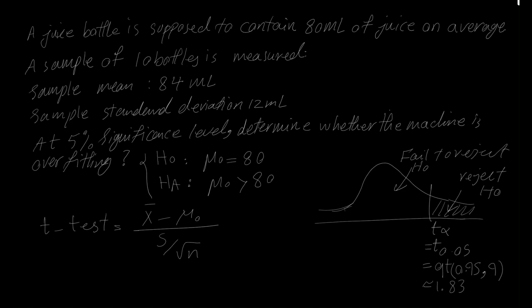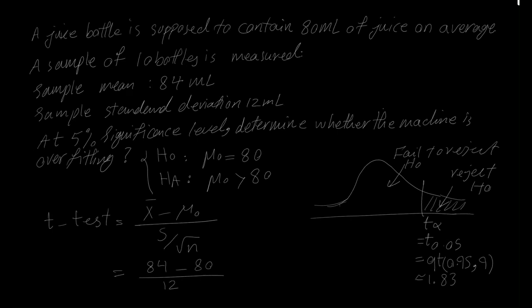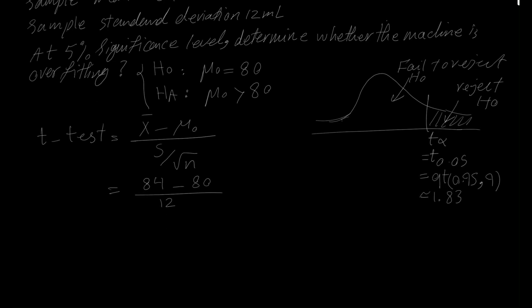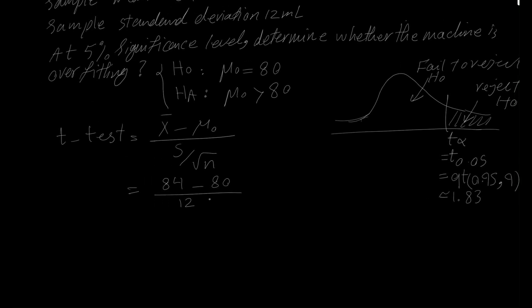Now, if I compute the test statistic and I see that it is greater than T of alpha, it means it is in the rejection area. And if it's less than T of alpha, then we fail to reject the null hypothesis. So let's see. X bar is 84 and mu 0 is 80. S is 12 and n is 10.